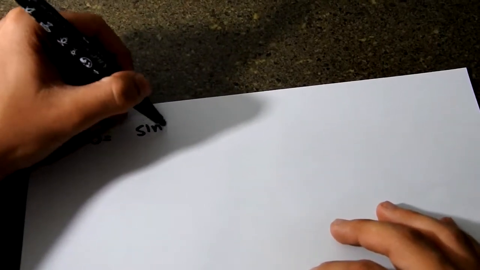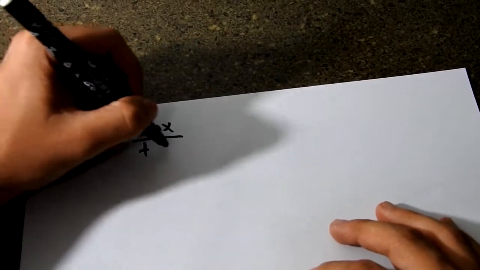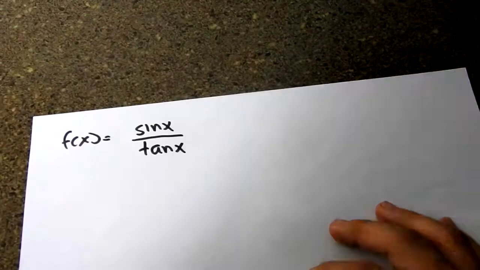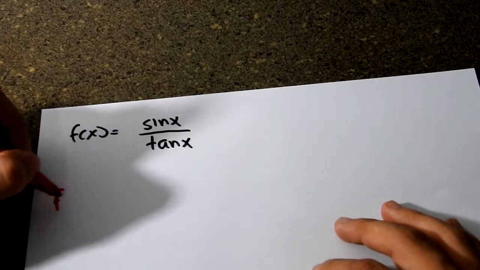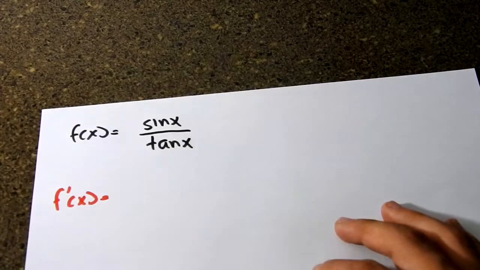Now let's say we have another one here. We have f of x to be sine x over tangent x. Now we know we have a quotient rule, so let's apply our quotient rule.